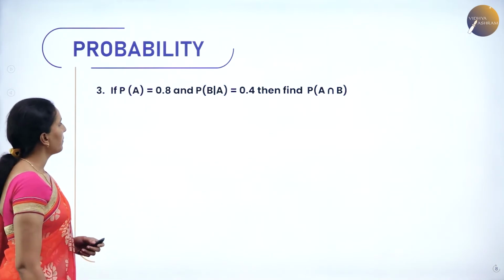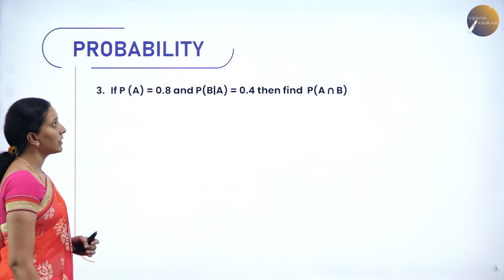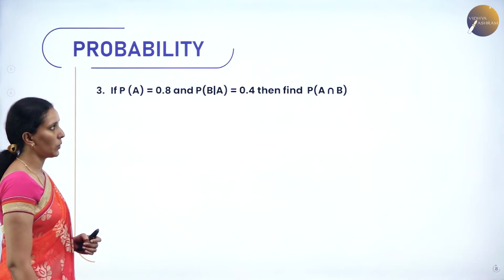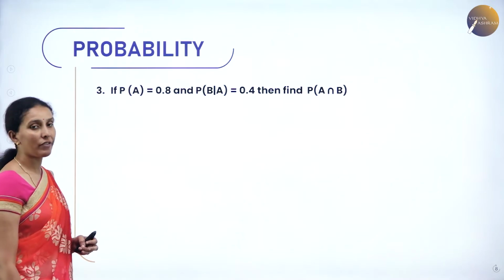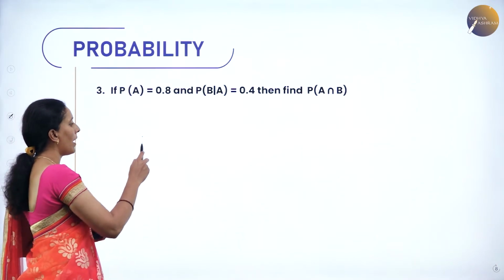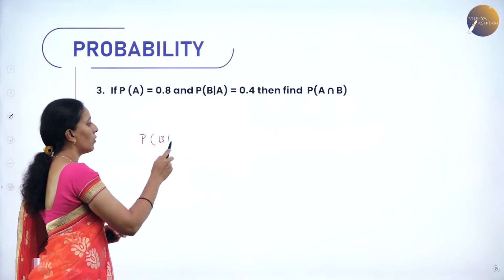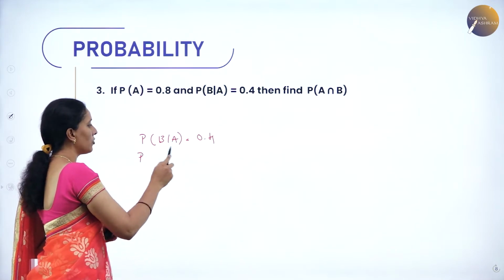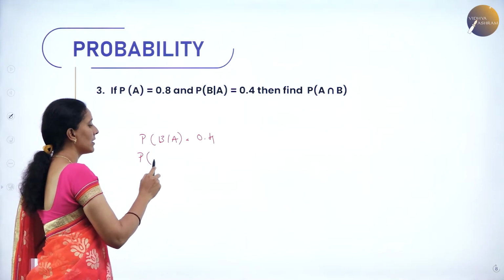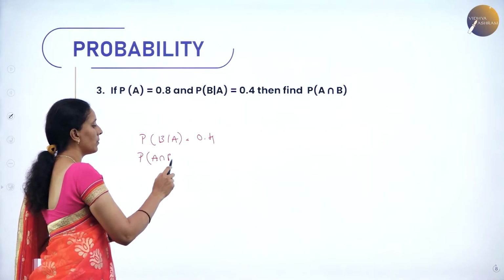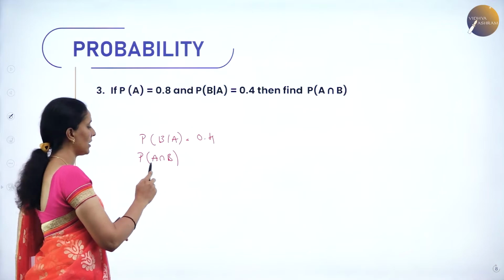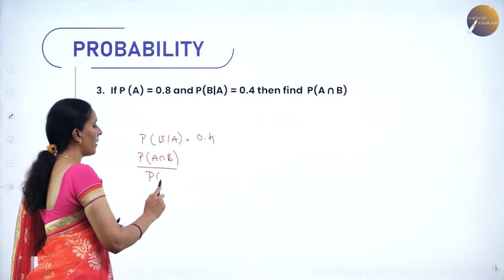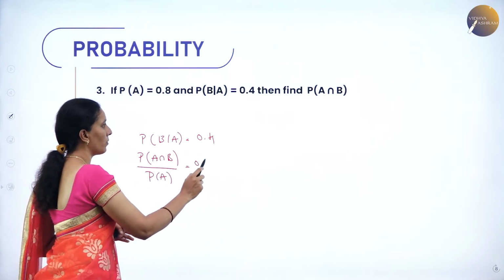Next one, if probability of A is 0.8 and probability of B over A is 0.4, then find P of A intersection B. So probability of B over A is given as 0.4, and probability of B over A can be written as B intersection A divided by probability of A, which is equal to 0.4.